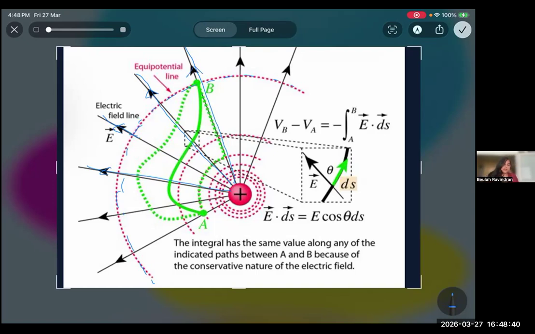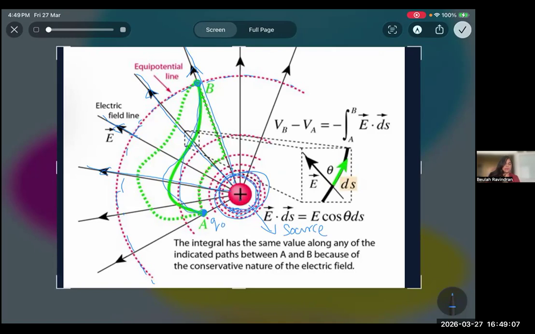Now the charge is displaced from point A to point B. This is the source charge, and the unit positive charge is moving from A to B under the influence of this particular electric field. Can you understand this? Q naught is moving from A to B, and it is path independent.